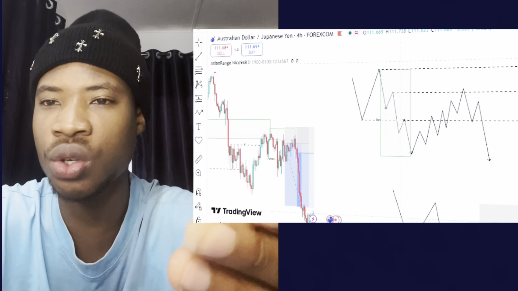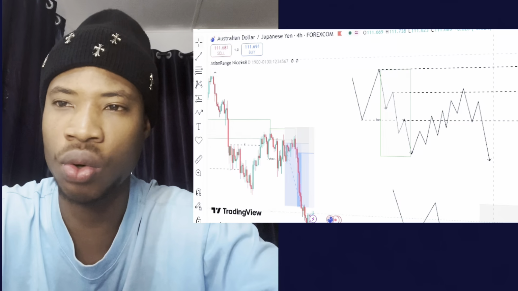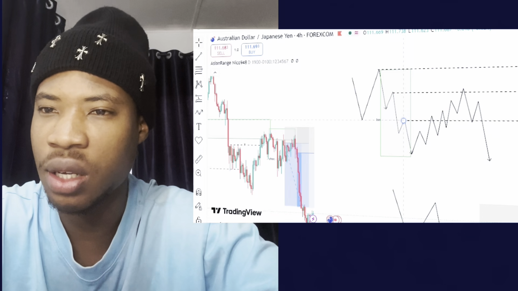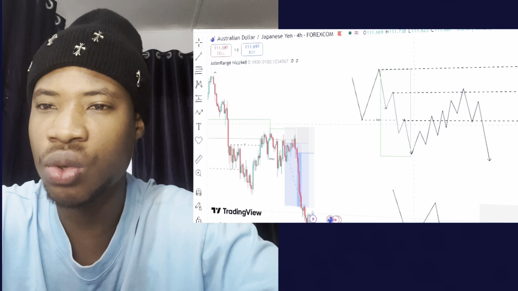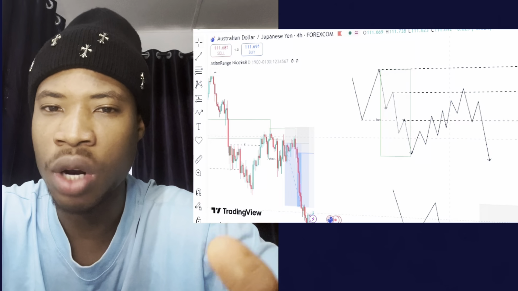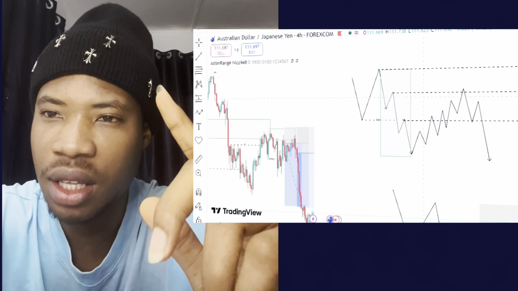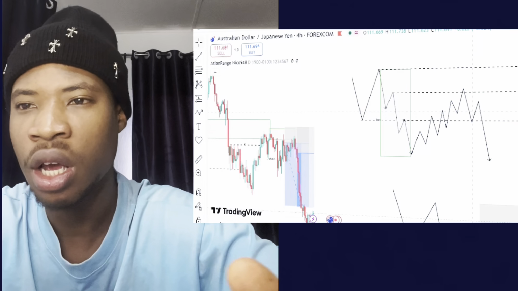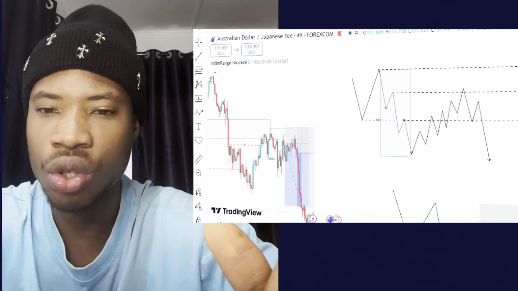So it's just actually using liquidity and market structure, right? We waited for the market to retrace back up to take out liquidity, and if the market had taken out liquidity from this high and changed structure, I would have taken a sell. And if the market takes out this last liquidity and changes structure, we are going to take a sell too. So this is basically what you have to do in the market.